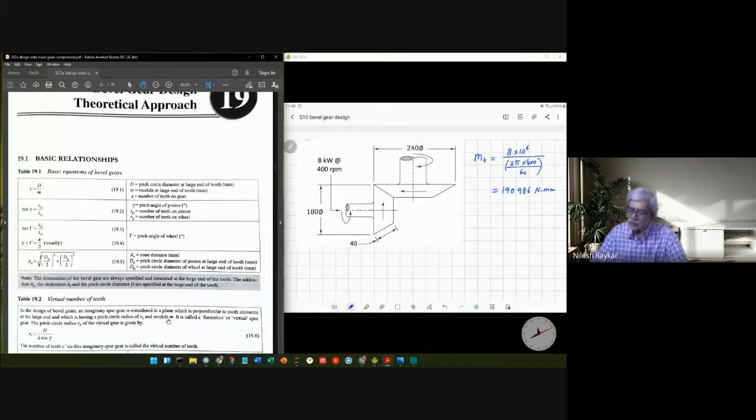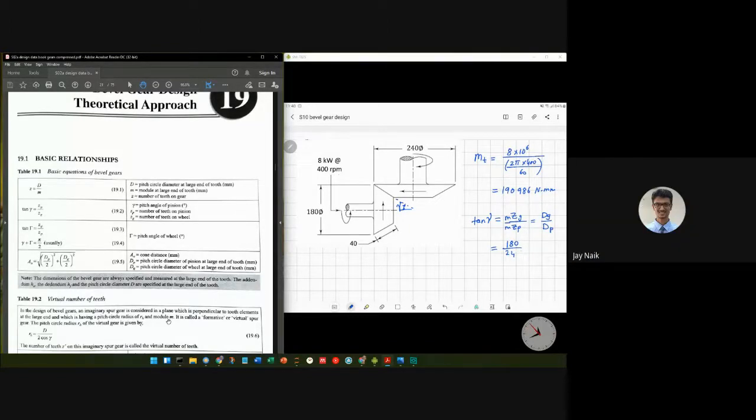We require the pitch cone angle of the pinion, so this gamma angle is required. Tan gamma would be given as Zp divided by Zg. Here the number of teeth are not available to us, so if you multiply both sides by module, we get dp by dg, that is 180 divided by 240.